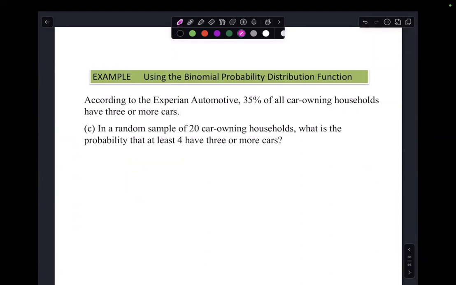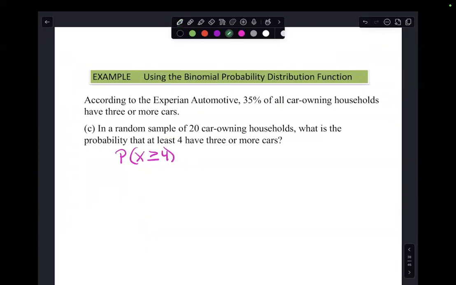So, in a random sample of 20 car-owning households, what's the probability at least 4 have 3 or more cars? What we're looking for is the probability that X is greater than or equal to 4, correct? So it'd be 4, 5, 6, 7, 8, and all the way up to 20. I'm going to draw a little picture here.